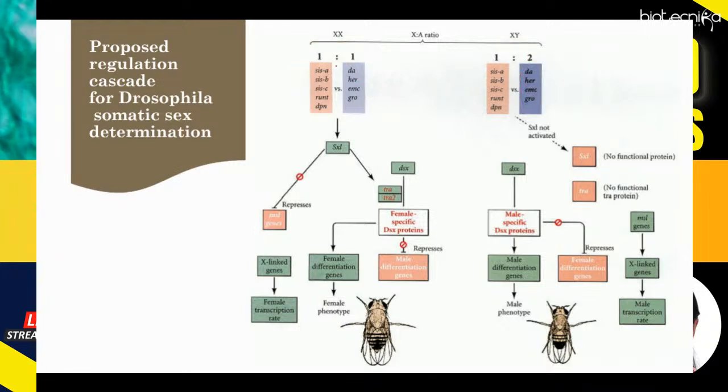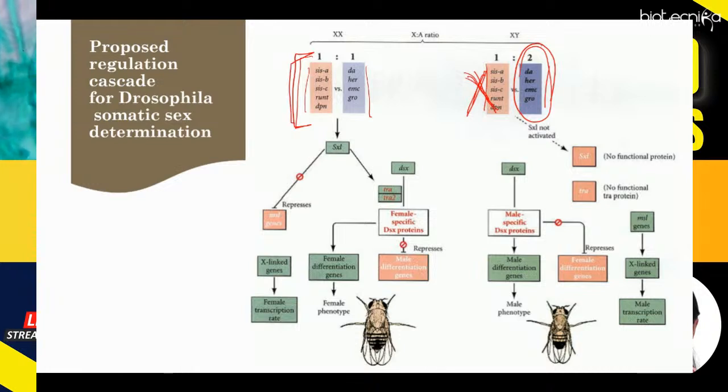The reason is that there are some genes on the X chromosome and autosomes, and it's these genes that control sex determination. If you have more autosomes, then these cannot have the effect, and these X chromosomes have a lot of effect in female phenotype formation.